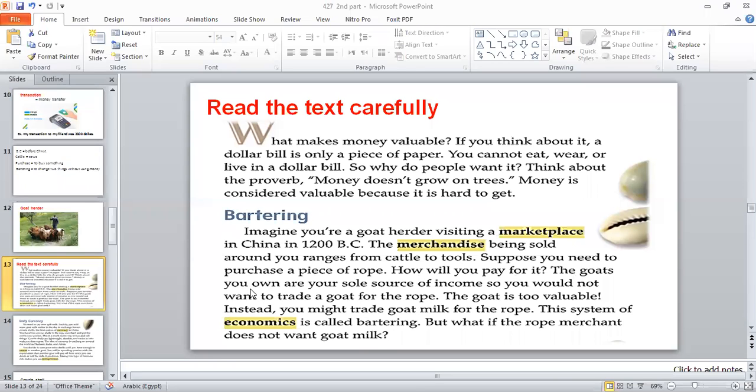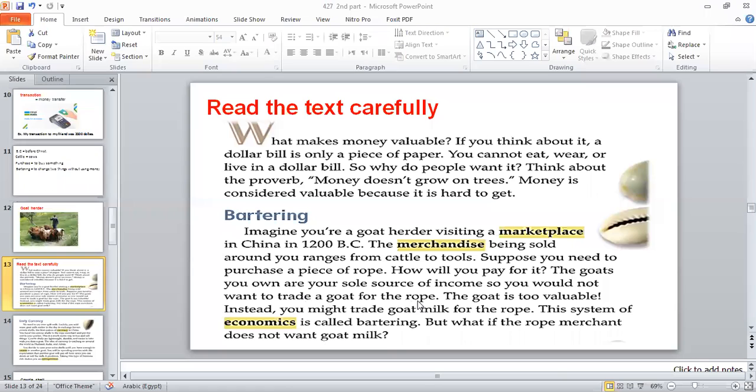When you own goats as your sole source of income, you would not want to trade a goat for the rope.